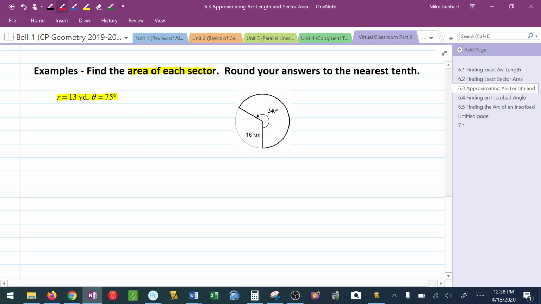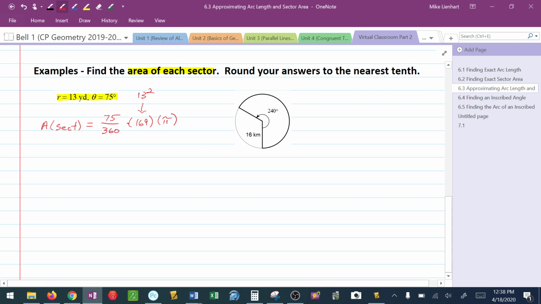So the area of the sector will be theta over 360 times r squared. I'm going to go ahead and square it, so that would be 169 times pi. And again, remember, that 169 is 13 being squared.